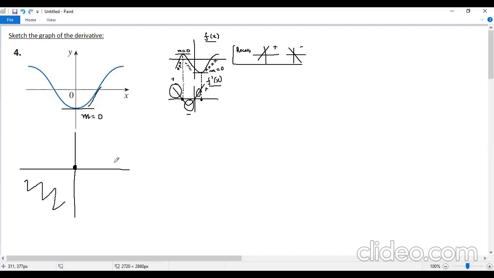So we're then going to be in this part of the graph. So it's negative at first and then it's positive. And that would look something like this. So this is y, and this would be y prime of x. And that would essentially be our derivative.